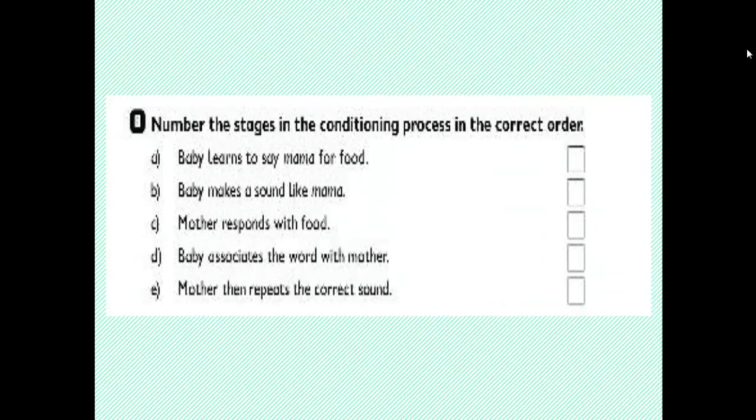Now, number B, number the stages in the conditioning process in the correct order. We have number 1, baby learns to say mama for food. Then number 2 or B, baby makes a sound like mama. Then C, mother responds with food. D, baby associates the word with mother.